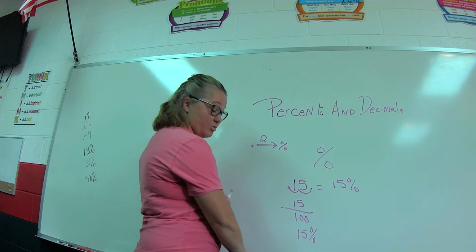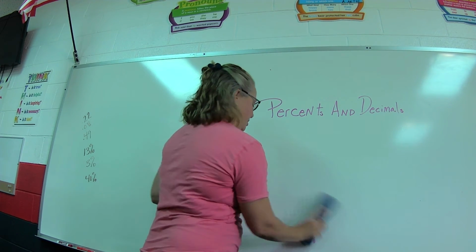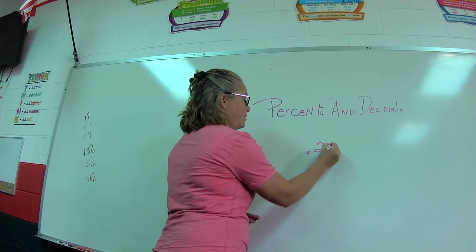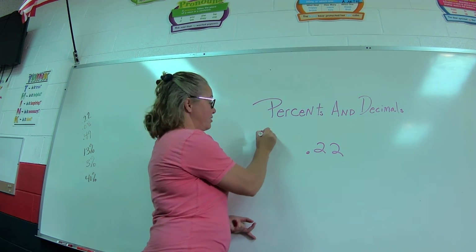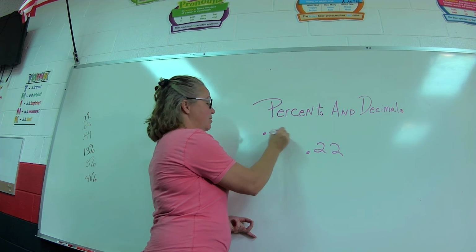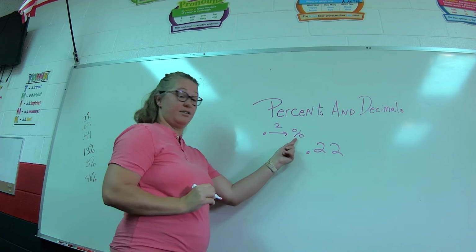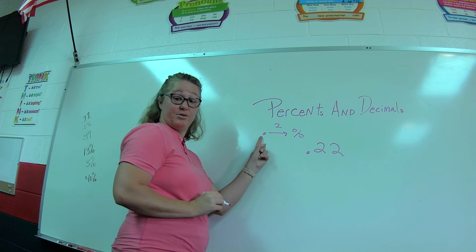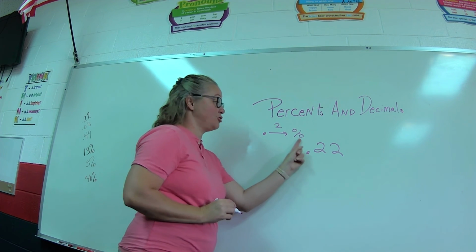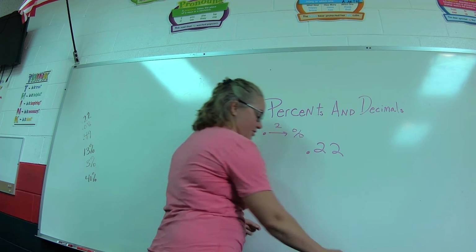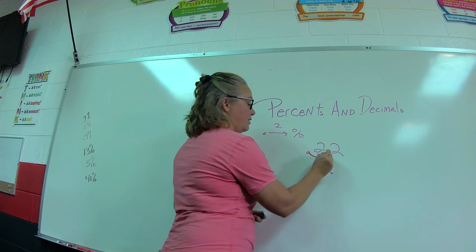So let's practice with a few of those. All right, so you have a decimal of 0.22. Remember, I'm going from decimal to percent, so I'm going 2 places to the right. 1, 2.